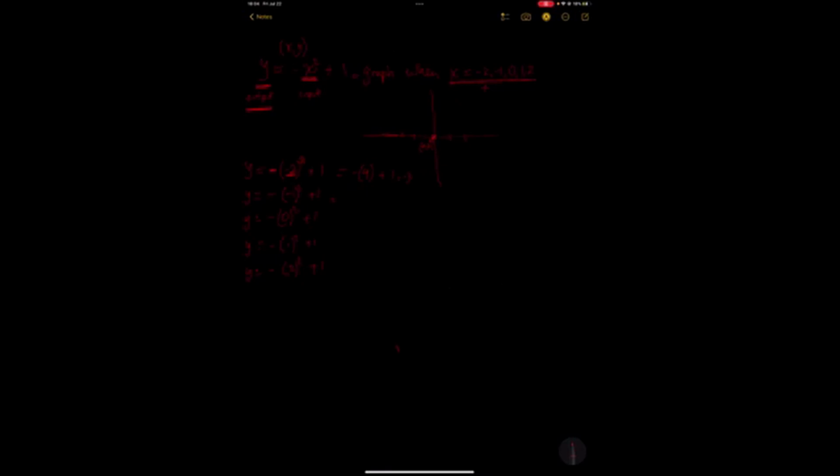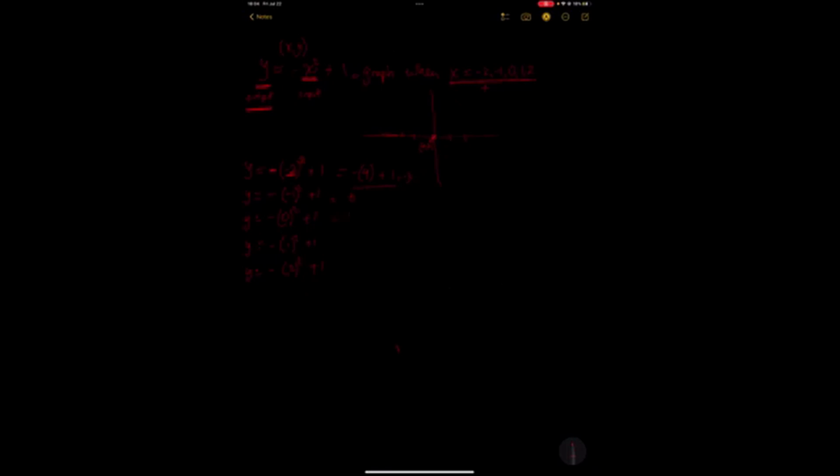So we will do the same thing for the others. I'm going to skip the second step for these and say it out loud only. So negative 1 squared will be 1. Negative 1 plus 1 is equal to 0. Negative 0 is still 0. Plus 1 is equal to 1.